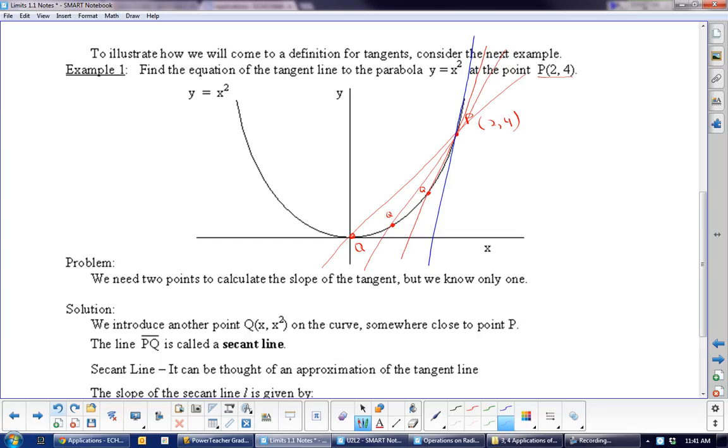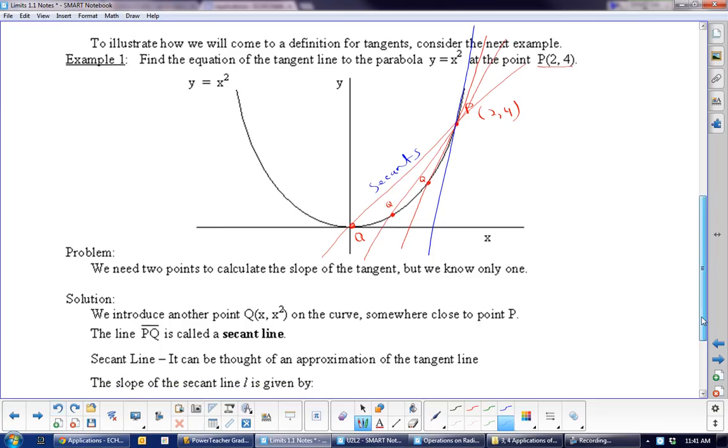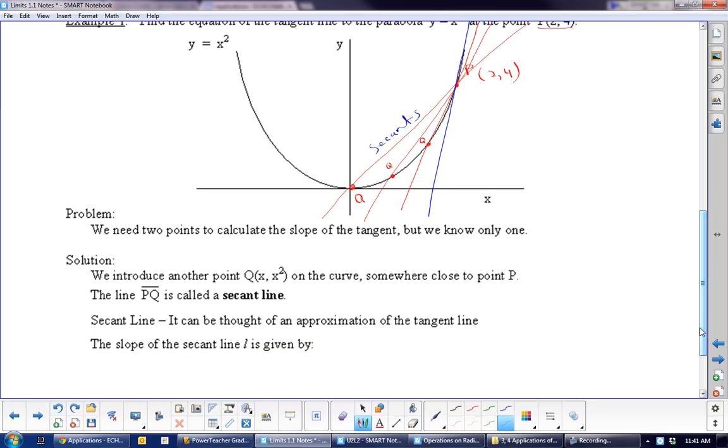I start getting closer to that tangent, don't I? Now, the line that's going through both spots, does anyone know what it's called when you actually go twice through? It's a secant, okay? So these are secants, okay? So down here, line PQ is a secant line.